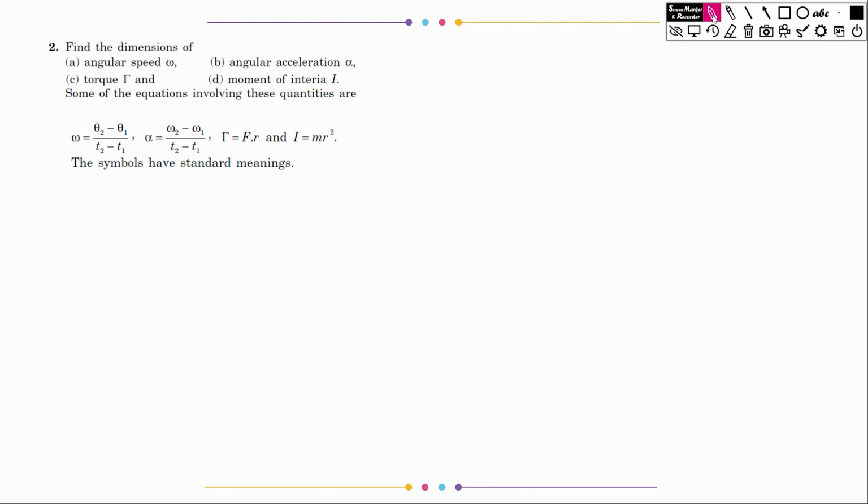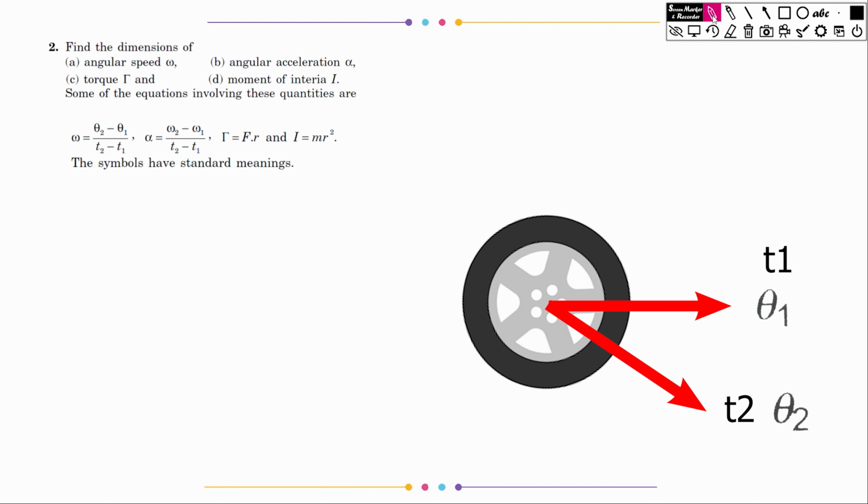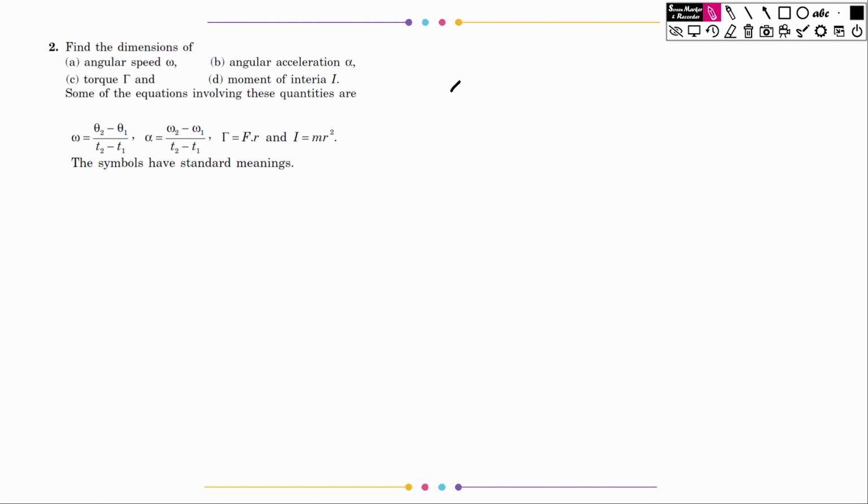Let us look at the figure. There is a wheel which is rotating in this particular direction. Suppose at time t1 it is making an angle of theta 1, and at time t2 it is making an angle theta 2. Therefore, we can write angular speed, which is denoted by the symbol omega, will be the change in angle divided by the time duration.